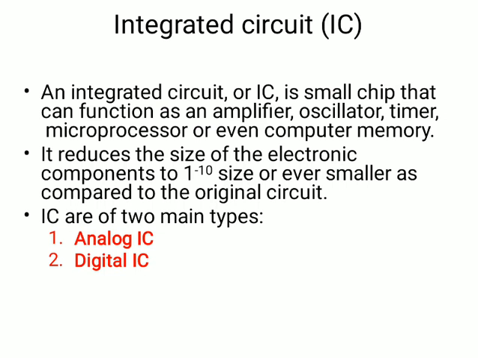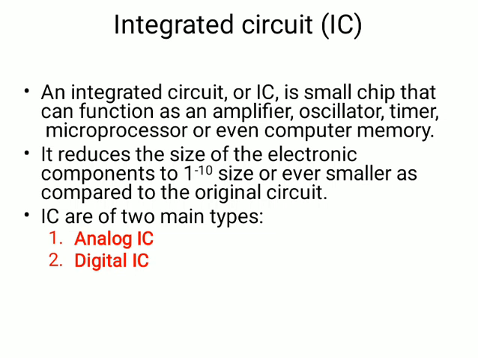Now the next very important topic is the integrated circuit, that is IC. What do we mean by integrated circuit? If you look at the circuit diagram of a voltage regulator, a filter, or an oscillator, those circuits are very big in size.